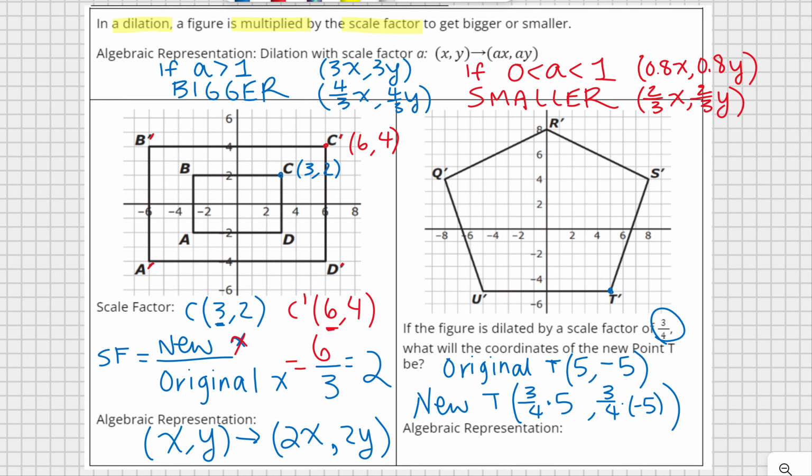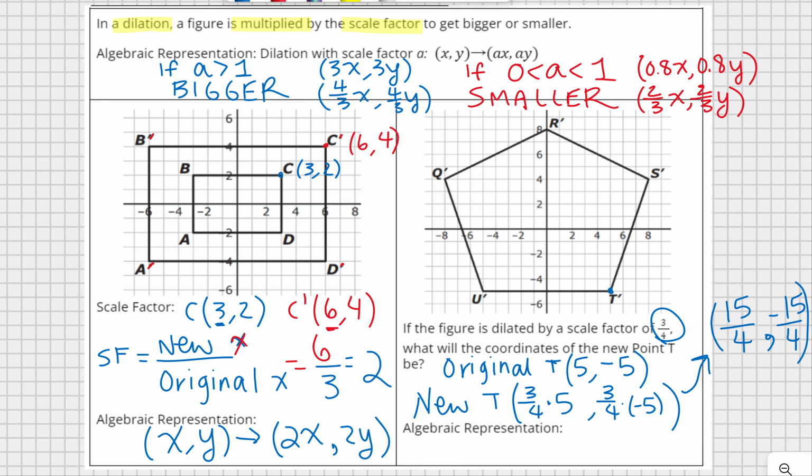And this would equal, 3/4 times 5 is, 3 times 5 is 15 over 4. I'm just going to leave it as an improper fraction for now. And 3/4 times -5, 3 times -5 is -15 over 4. So that's the coordinates of my new point T.